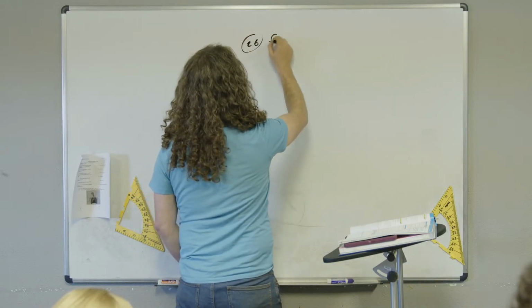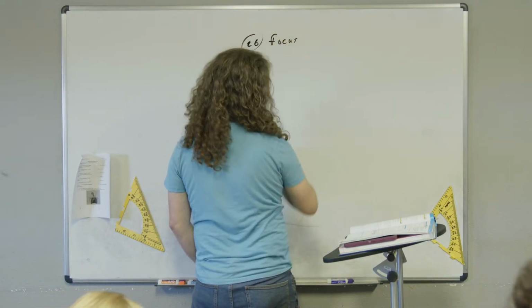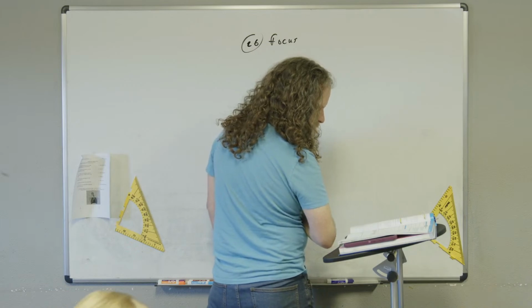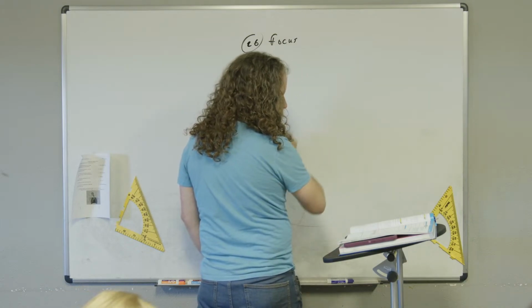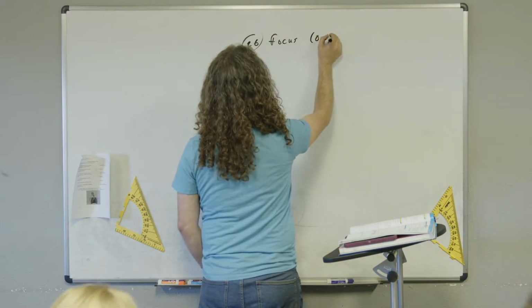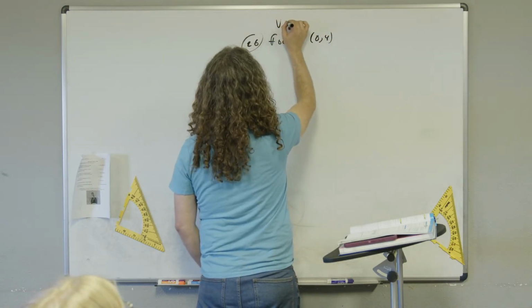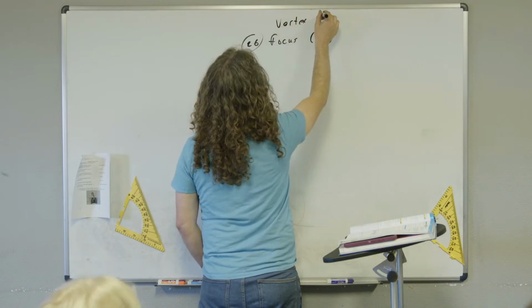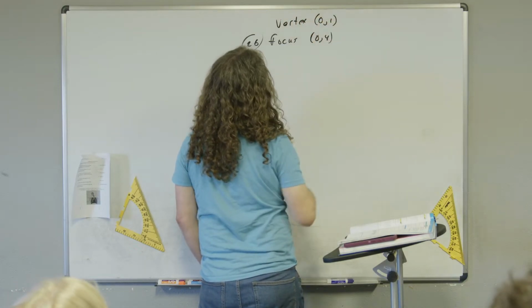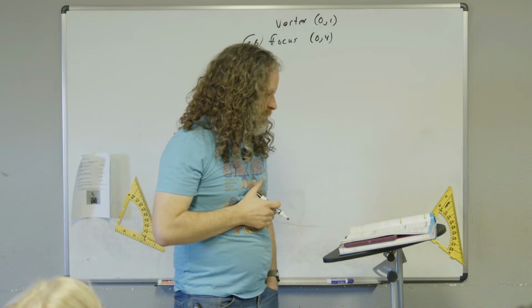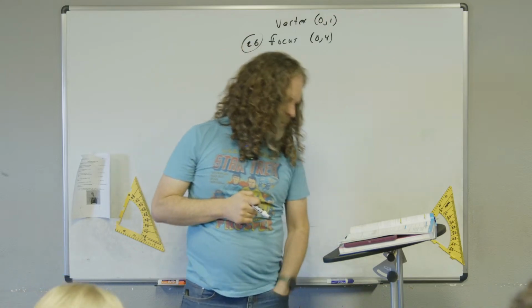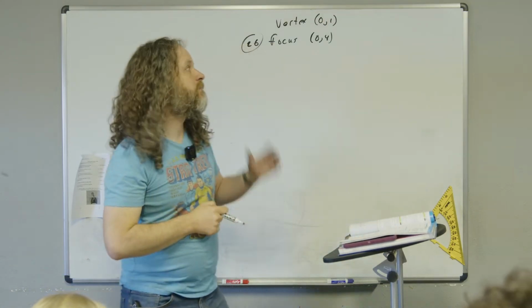We know that it has a focus at 0, 4. It has a vertex at 0, 1. And we're supposed to write an equation and graph it.